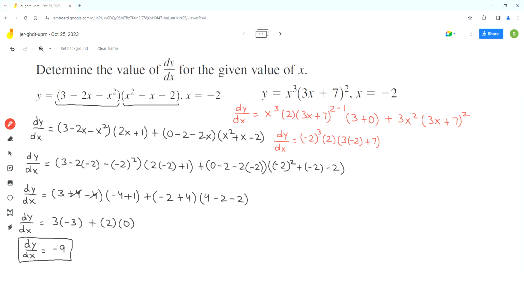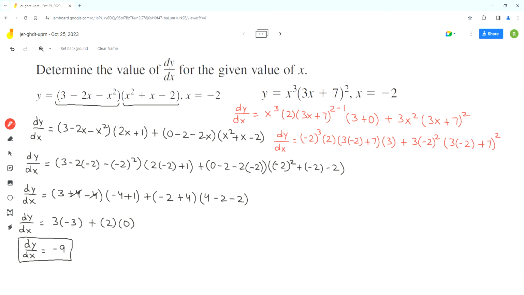We don't have to write the exponent as 1. And then times 3, because 3 plus 0 is equal to 3, plus 3, and then negative 2 squared times (3 times negative 2 plus 7) exponent 2.